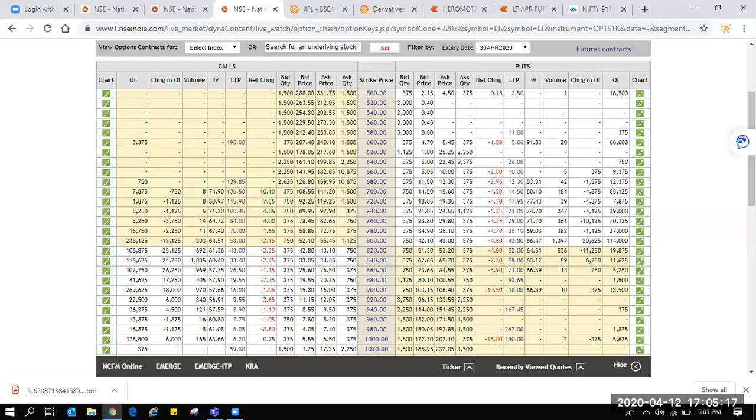That means if the 25,125 shares have been unwound, that means earlier it was 1,06,000 plus 25,125. That is 1,31,000 shares have been there at 820 strike price. But after this unwinding, what is left is 1,06,000.